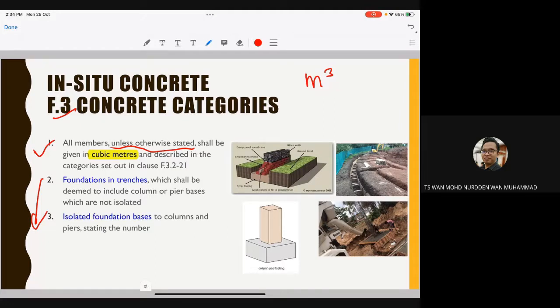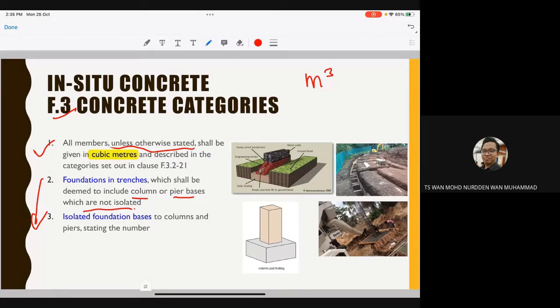Okay, number 2, foundations in trenches which shall be deemed to include column or pier bases which are not isolated. So semua sekali altogether lah. Okay, termasuk sekali dengan column or pier bases which are attached, maksudnya termasuk sekali dengan this foundation lah.